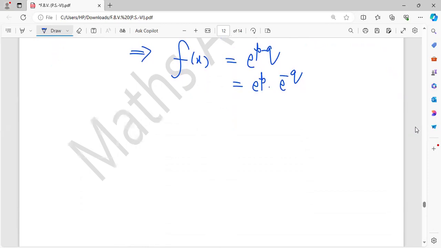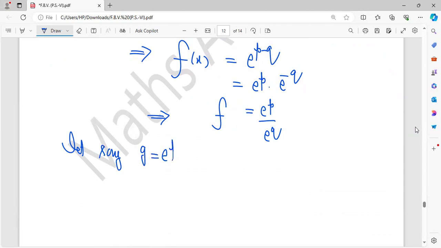Okay, so I can write it e to the power p upon e to the power q. So this implies f is equal to this. So let's say g is equal to e to the power p and h is equal to e to the power q.